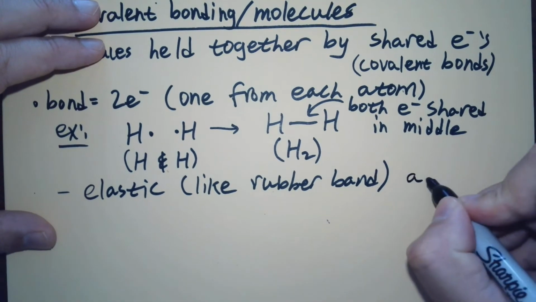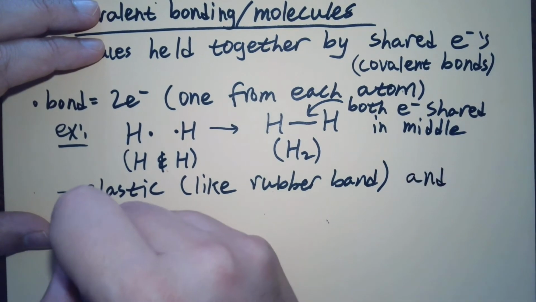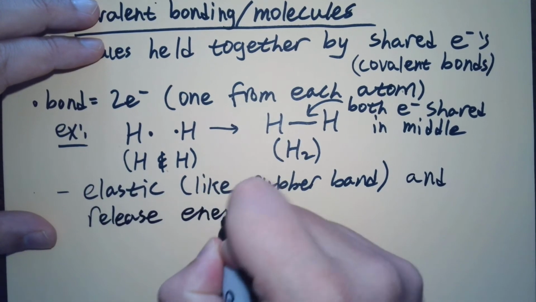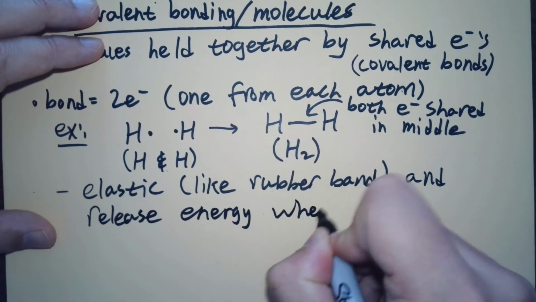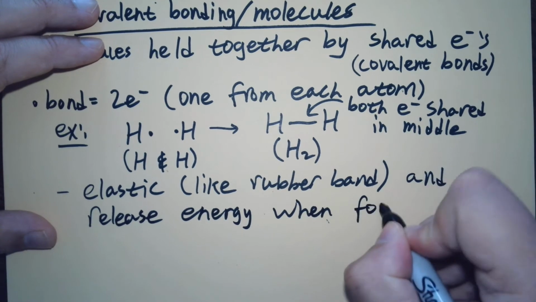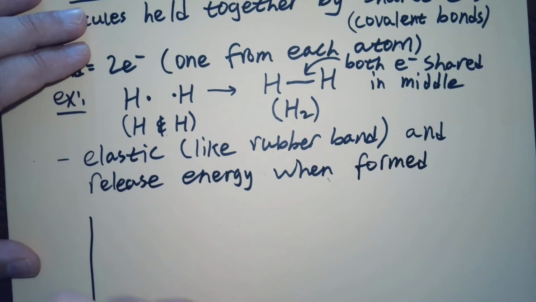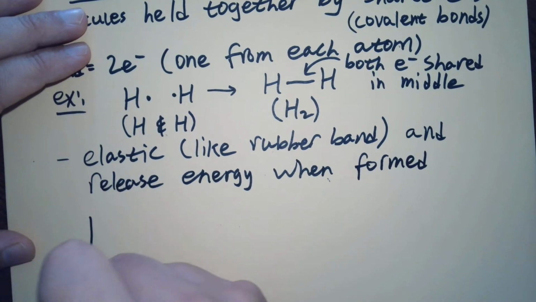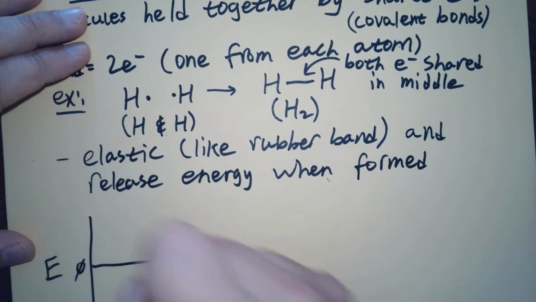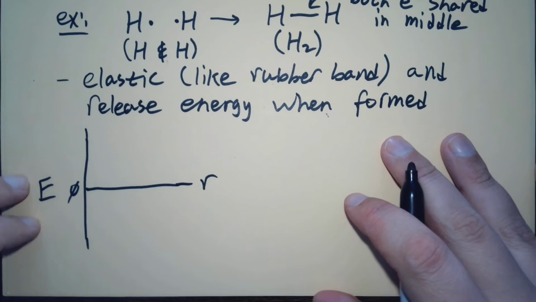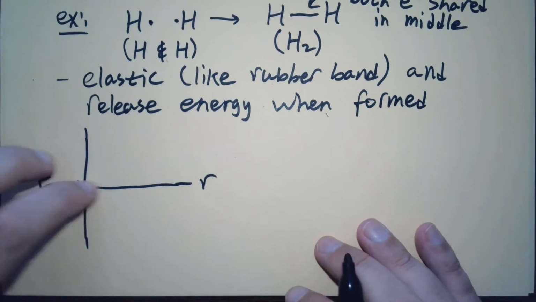And then the other thing is bonds are going to release energy when they're formed. And so here's an energy diagram for a chemical bond. And so on my y-axis here, I just have energy. Here's my 0 mark.